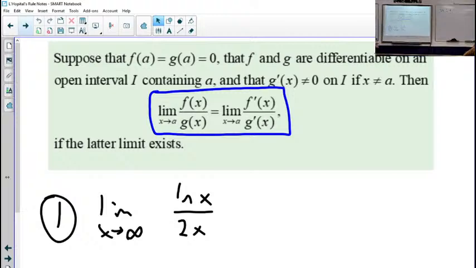So, in other words, I can take the derivative of the top, the derivative of the bottom, and do the limit there. Let me convince you that this works by doing a problem that we already know how to take the limit of.